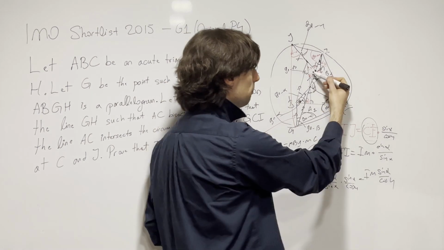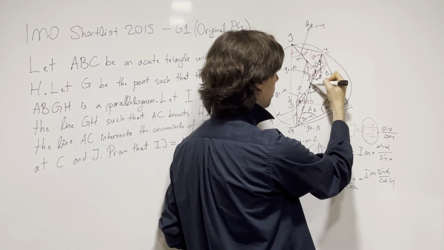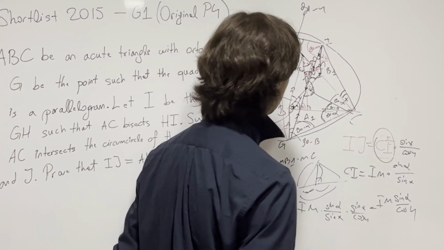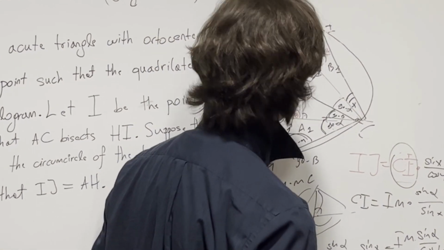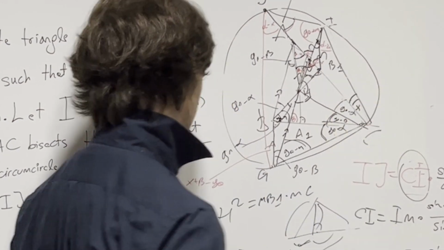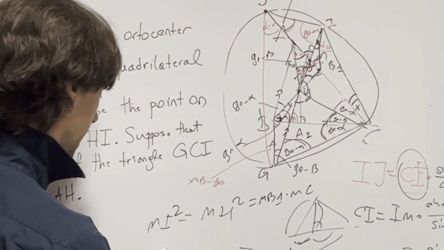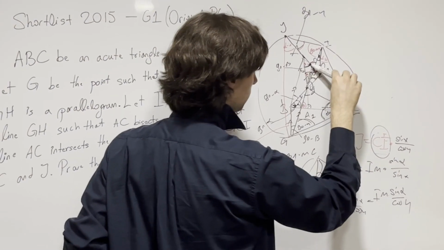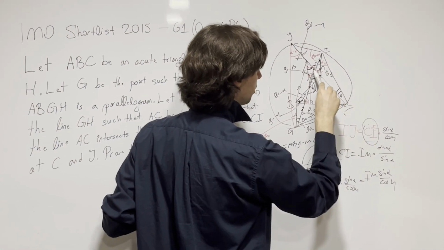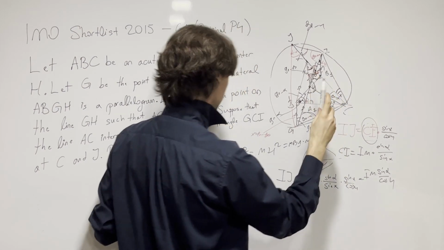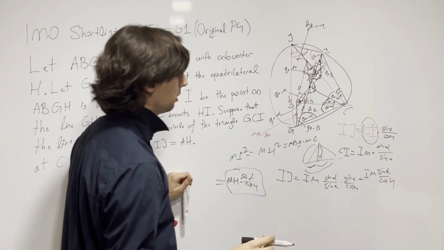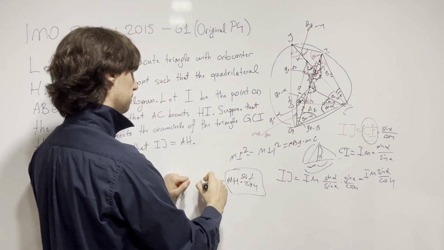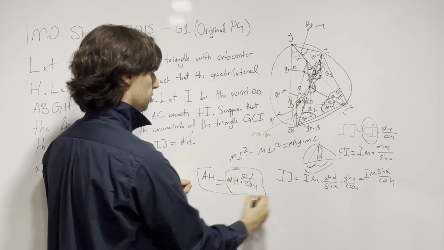And now I have IM, I have this triangle here, I have all the angles, this is 90 minus gamma, this here is equal to 90 minus beta, this angle is alpha, and now I have MH over cosine gamma, so that is going to equal AH over sine of alpha, i.e. we have this is true.